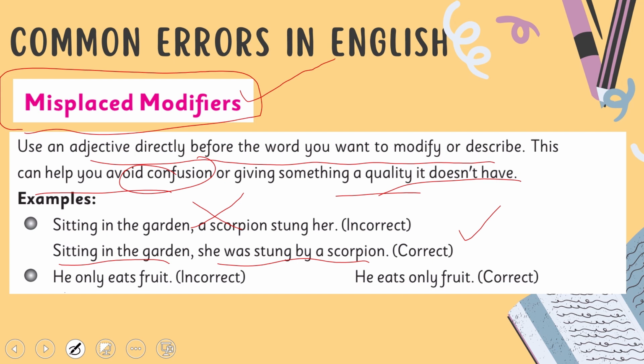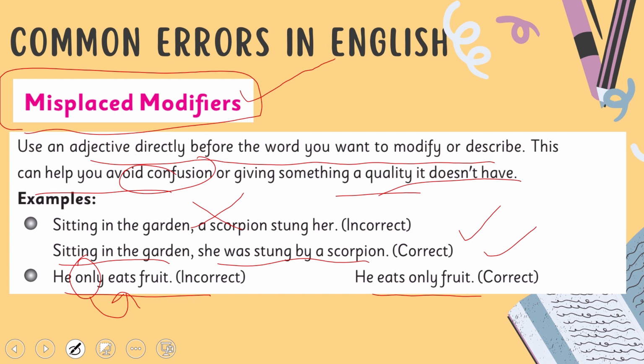He only eats fruit. No, only has to be here. He eats only fruit. This is correct. He drinks only tea. He likes only coffee. He plays only FIFA. He plays only cricket.